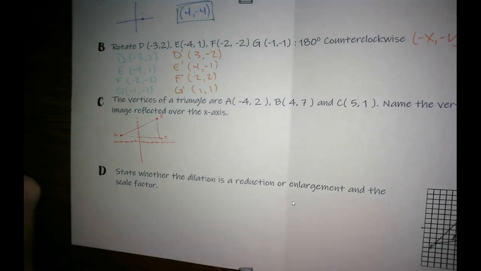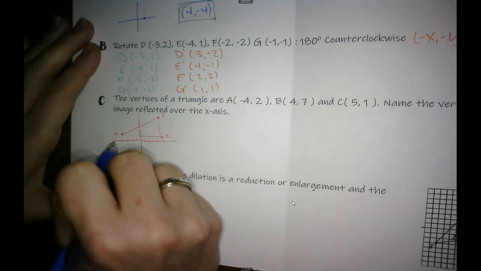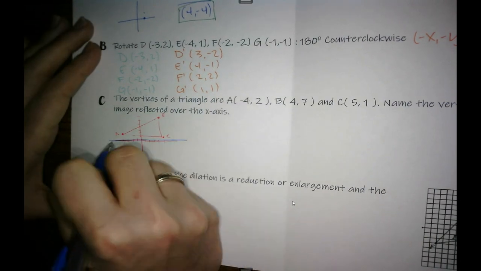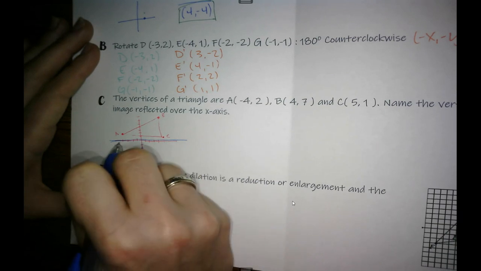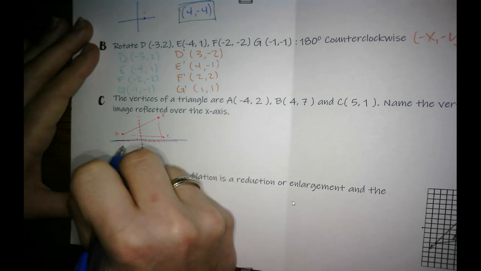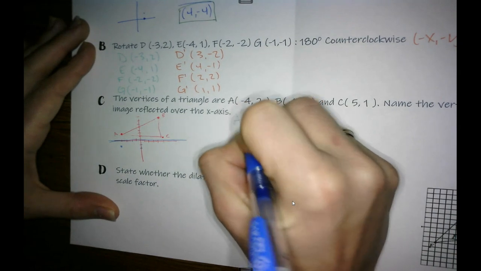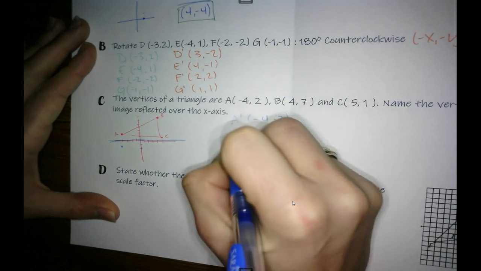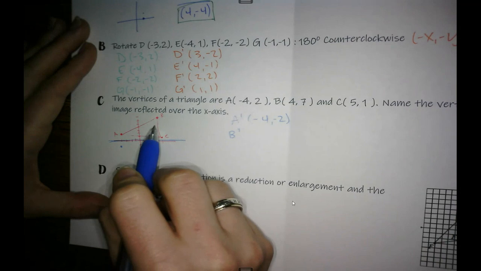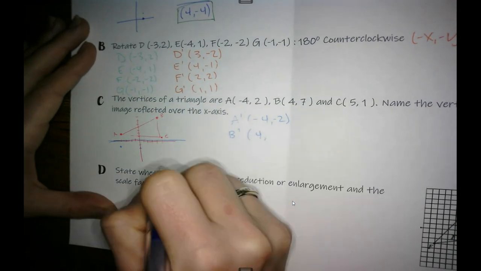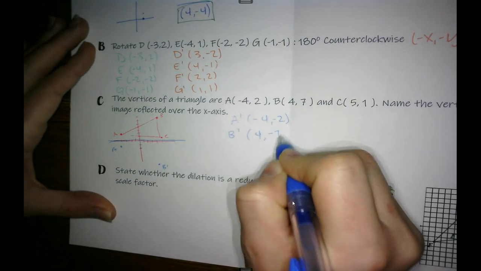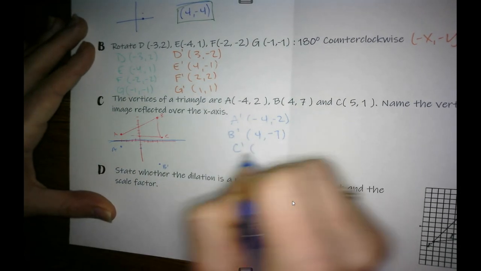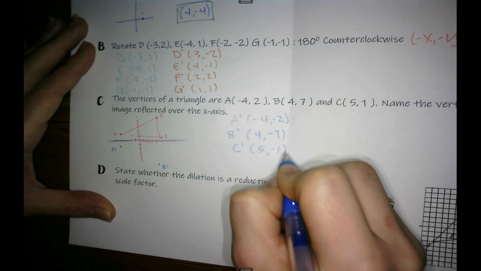Okay. So now we want to reflect that over the x-axis, this one right here. So A is going to stay at -4 and go to -2. B is going to stay at 4 and go down to -7. C is going to stay at 5 and go to -1.